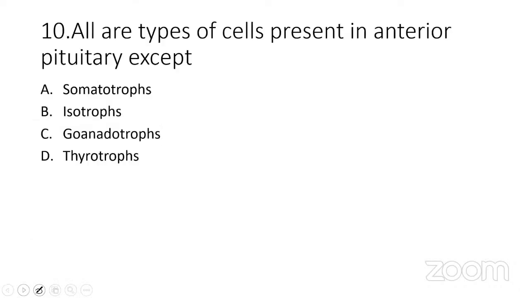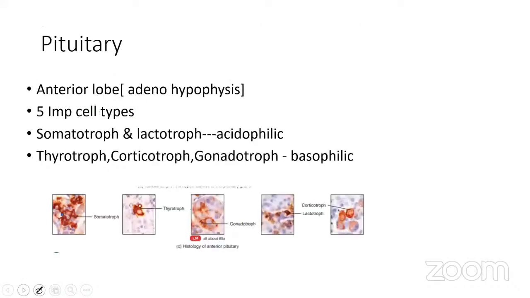All types of cells are present in the anterior pituitary except which? In the anterior pituitary, five types of cells are present, which release six hormones. Which are the five types of cells? Somatotrope releases growth hormone.